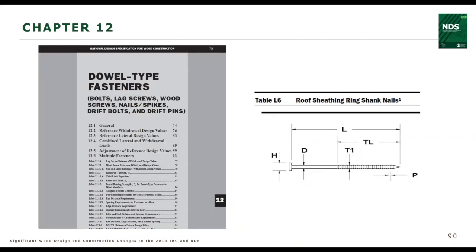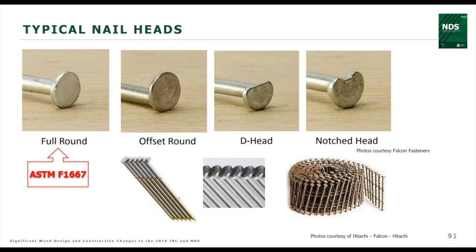Now, chapter 12 is one of those specific fastening chapters, and this one deals with dowel type fasteners. So that's things like bolts, screws, nails, and the other ones you see listed there. One of the important things, and I briefly mentioned ASTM F1667 previously, is that this is the referenced standard for nails in the NDS.